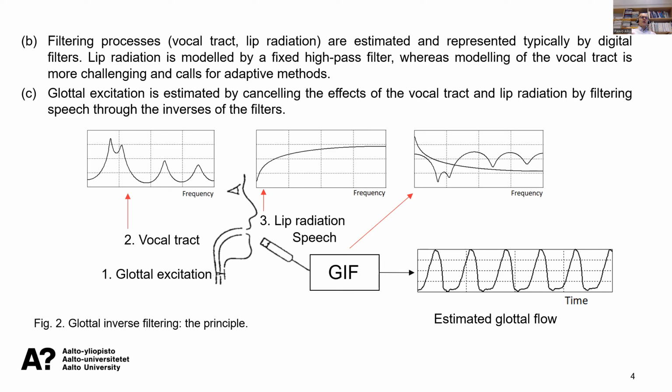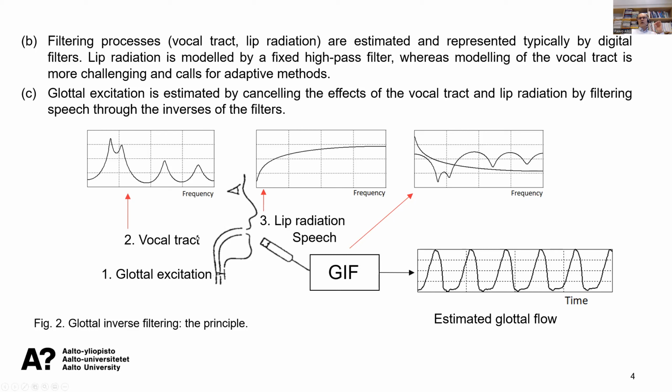Inverse filtering can be considered as a computer program which tries to estimate from a given speech signal this first process, the glottal excitation, by estimating this second and third one. And the third one, the lip radiation, is considered to be a very simple high-pass filtering. So the main problem is to estimate the vocal tract.